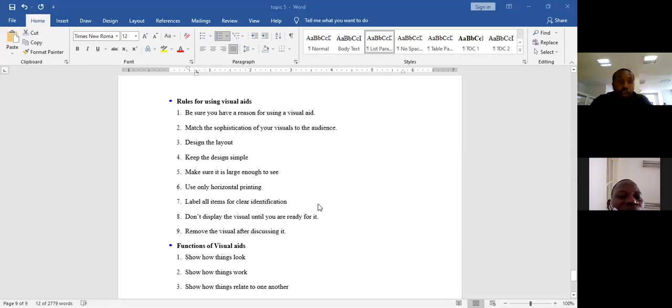So we are saying these rules for using visual aids. Number one, if you have been asked to go and give a speech, you must be sure that you have a reason for using a visual aid. You need to be very sure that you are going to need a visual aid.